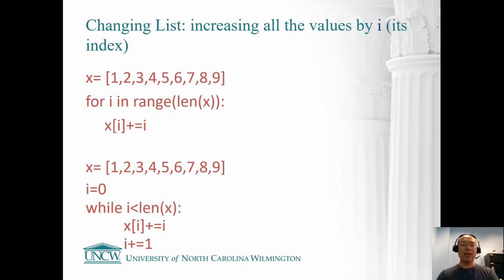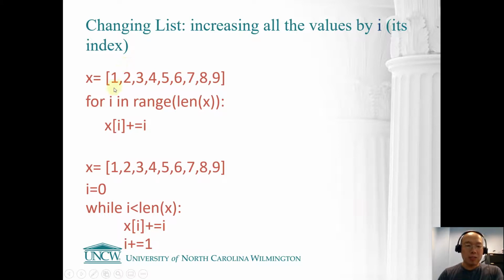Okay, and then the next thing I want to talk about is how we can change a list. Say we have a list where all the members are integers, and for each value I want to increase the value by i, where i is its own index.